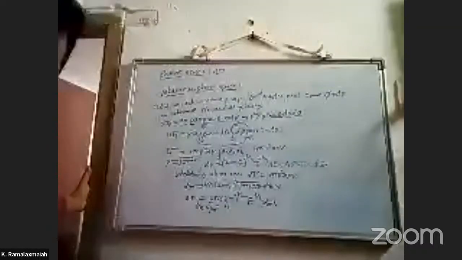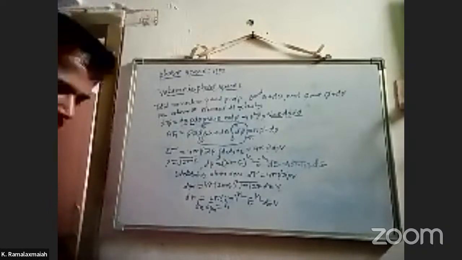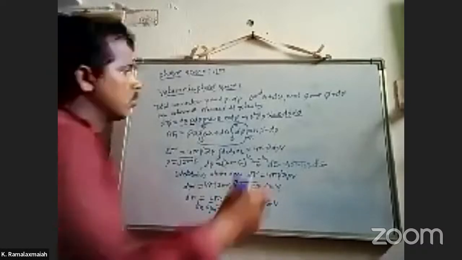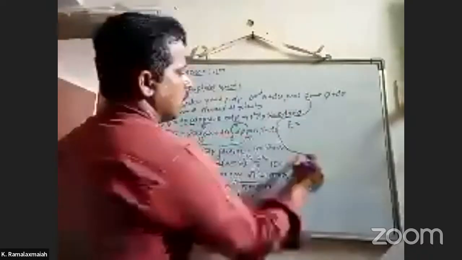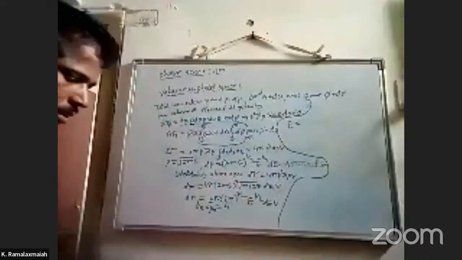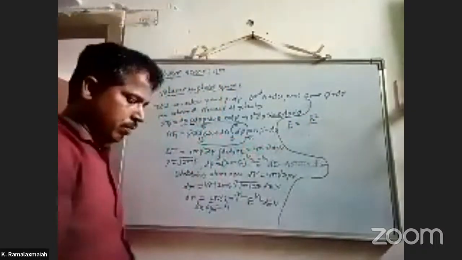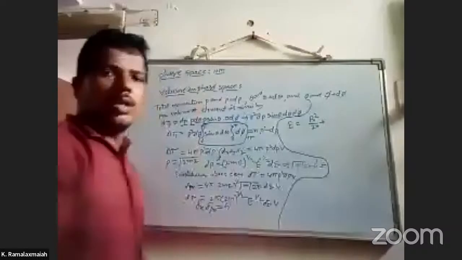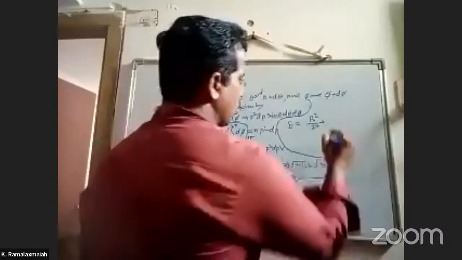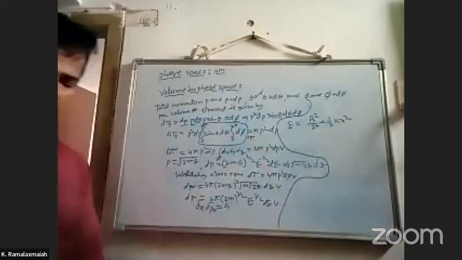So the energy of the oscillator is given by E is equal to px square by 2m plus 1 by 2 kx square.